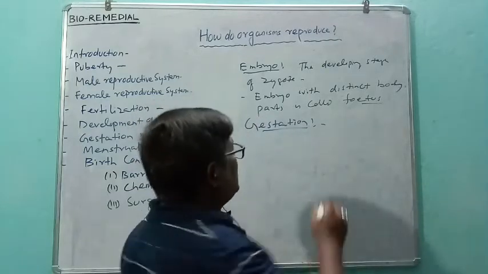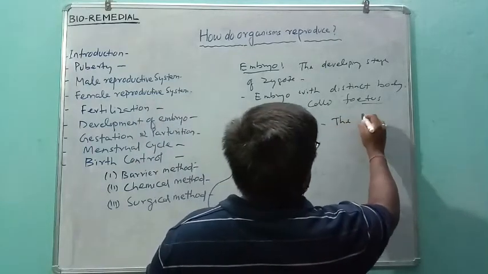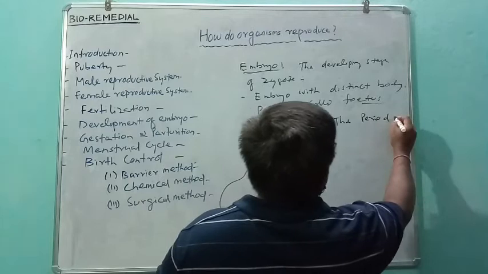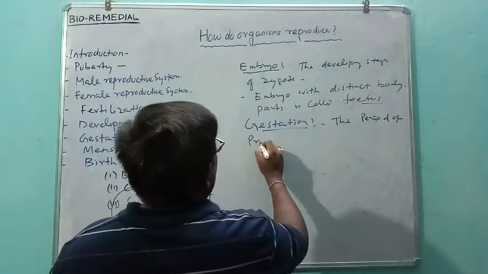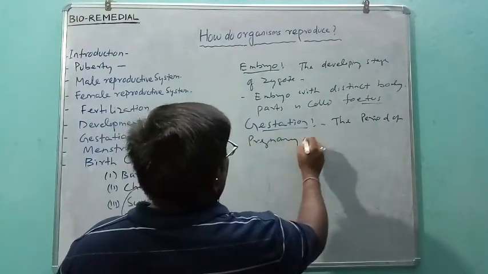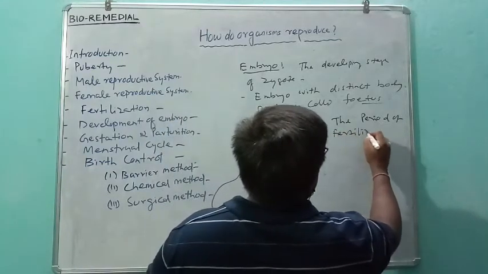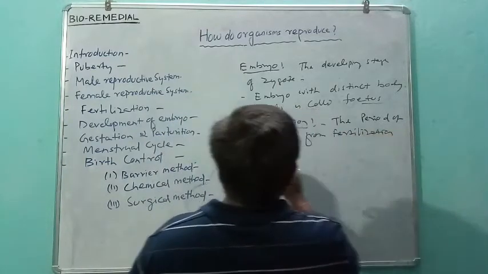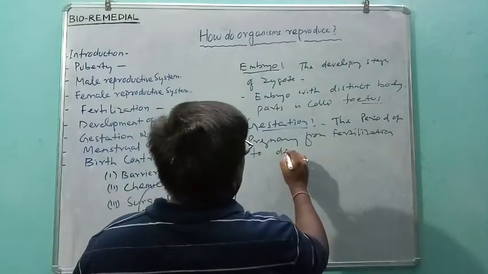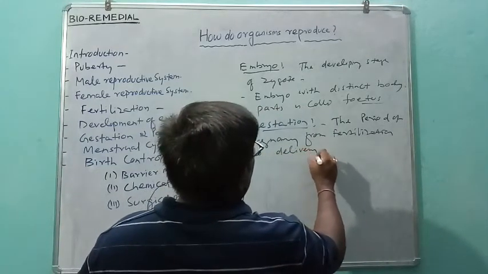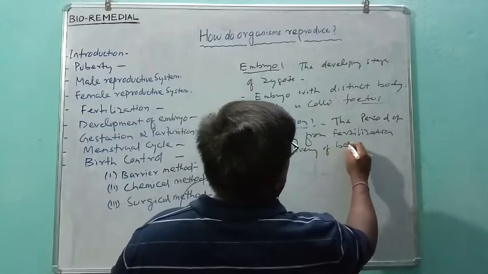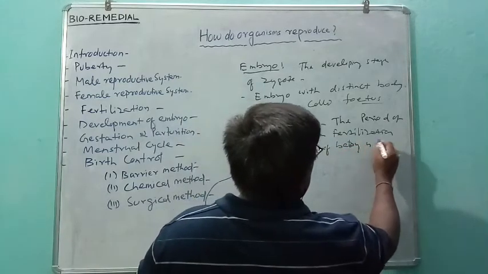You can write down, it is the period of pregnancy from fertilization to delivery of the baby, and it is called the gestation period.